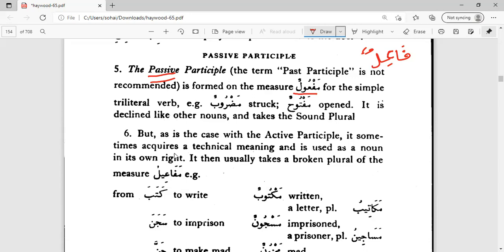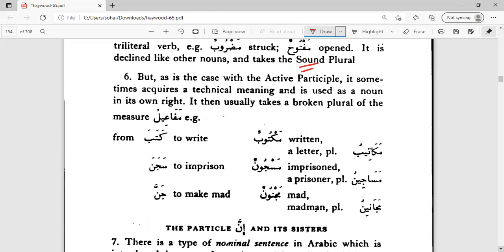It is declined like other nouns, and normally it takes the sign plural, which means with waw and noon, or ya and noon if it's accusative or genitive. You remember what sign plurals are? Yes, the one in which we can just add a few letters and form a plural form, the sound plural.